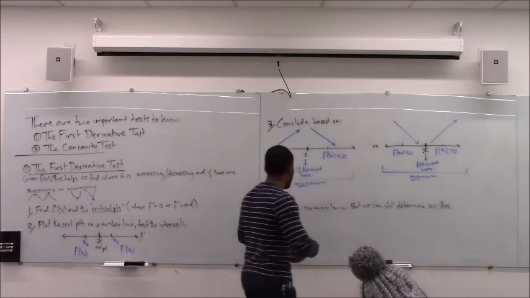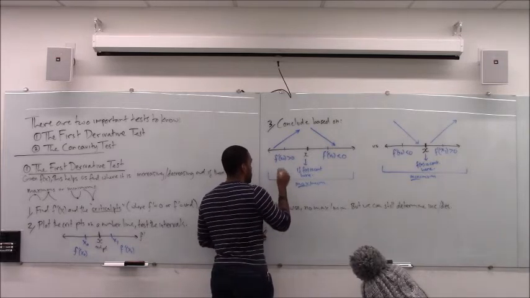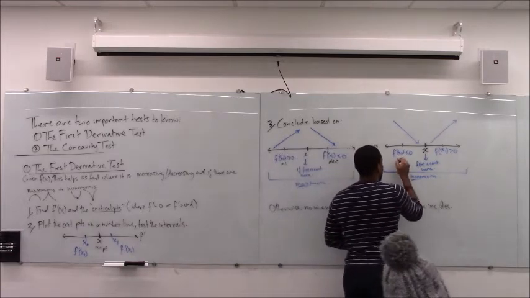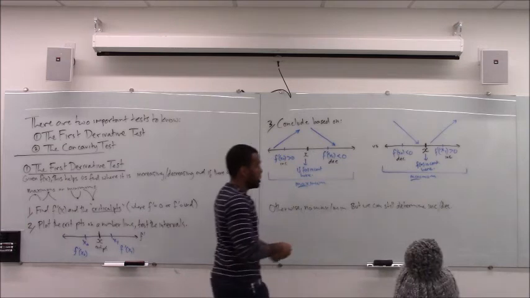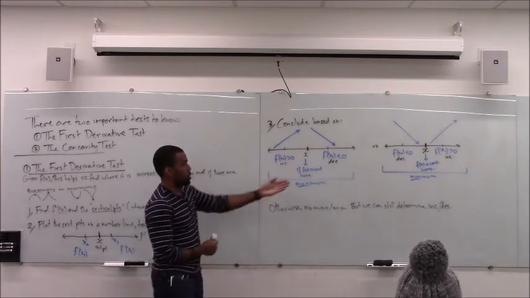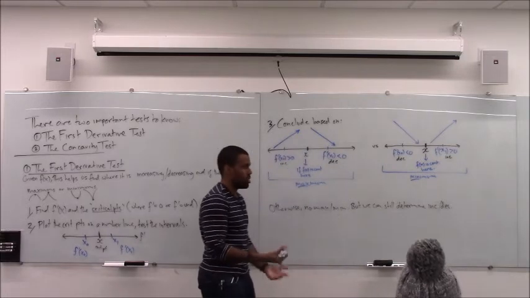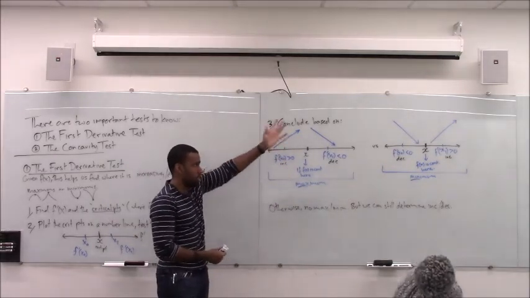Because again, remember, increasing just means you're moving up as you go from left to right. So I can tell you where it's increasing, I can tell you where it's decreasing. But a maximum occurs when you're in this situation, a minimum occurs when you're in this situation. Otherwise, there is no max or min. But when the derivative is positive or negative, you can talk about increasing and decreasing.